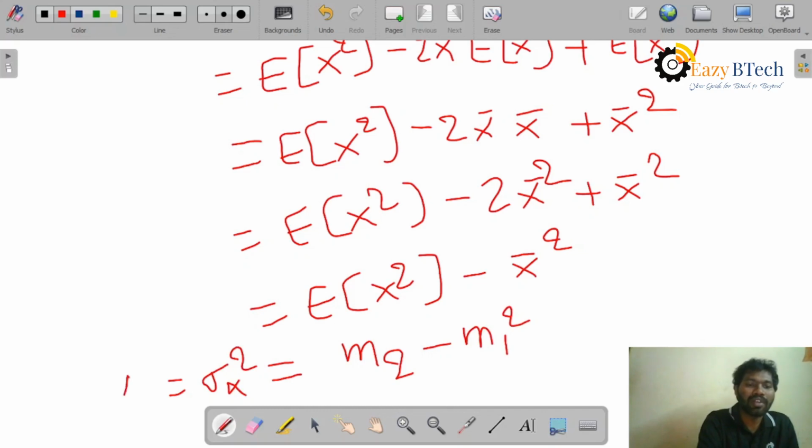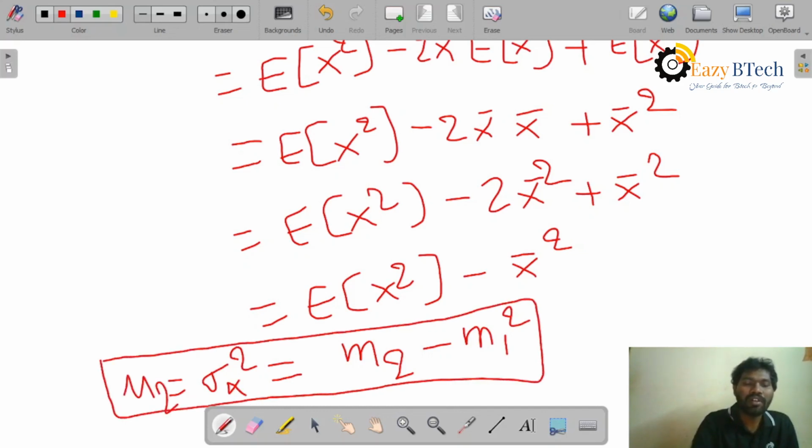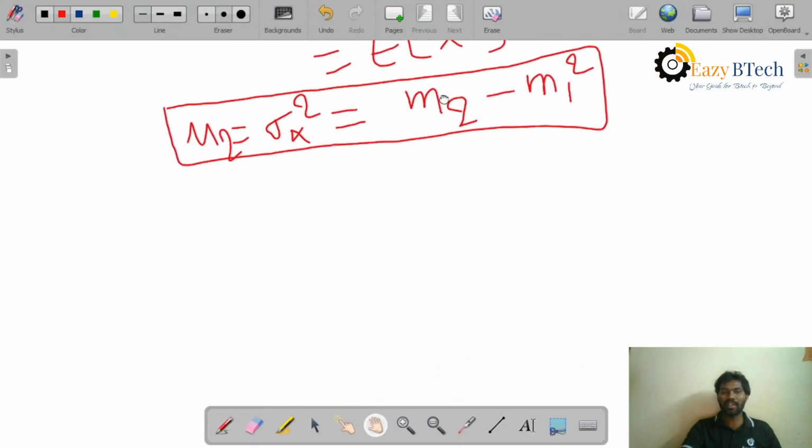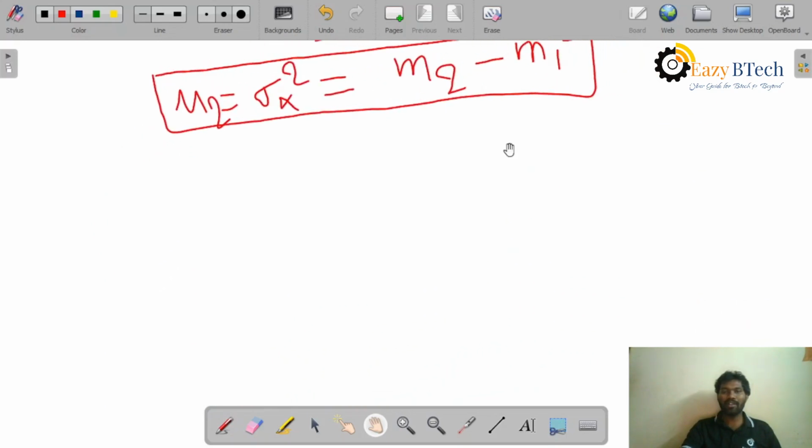It is also called mu 2. So the variance of any random variable is represented in terms of moments about the origin. That is, the variance sigma x square is equal to m2 minus m1 square. This way we calculate the second order central moment.